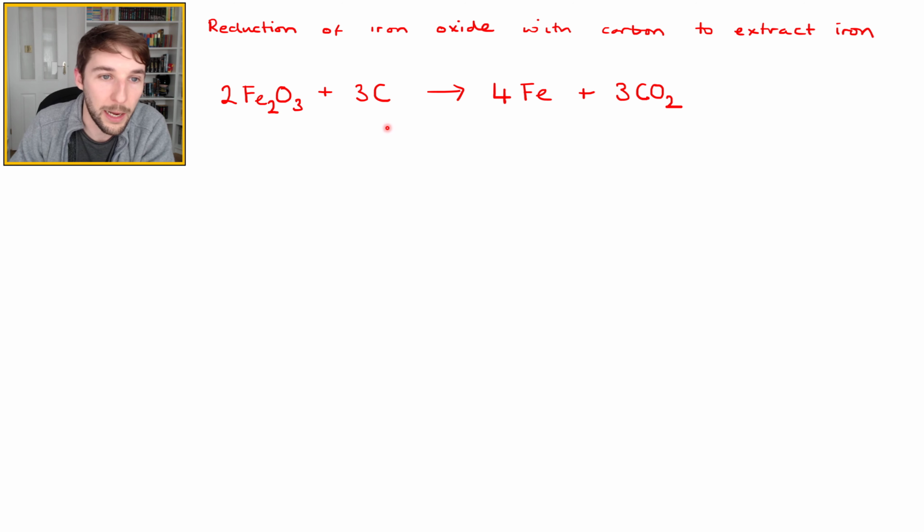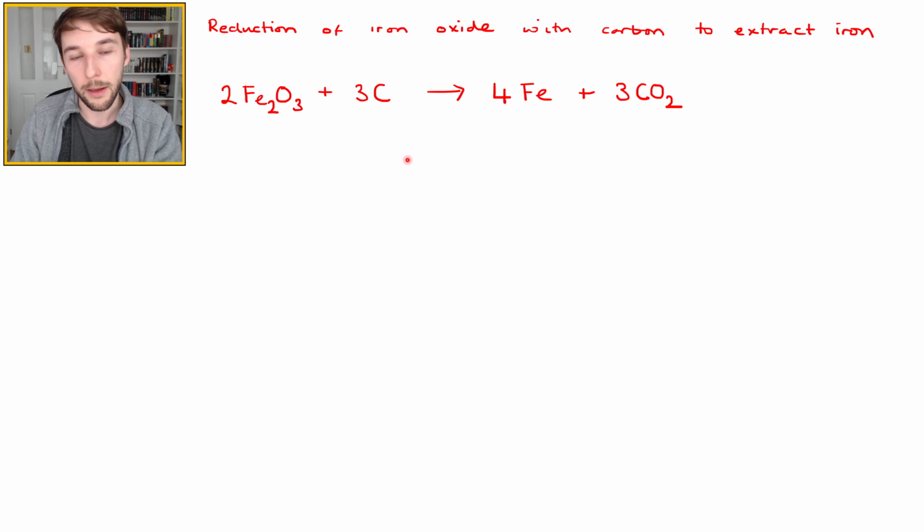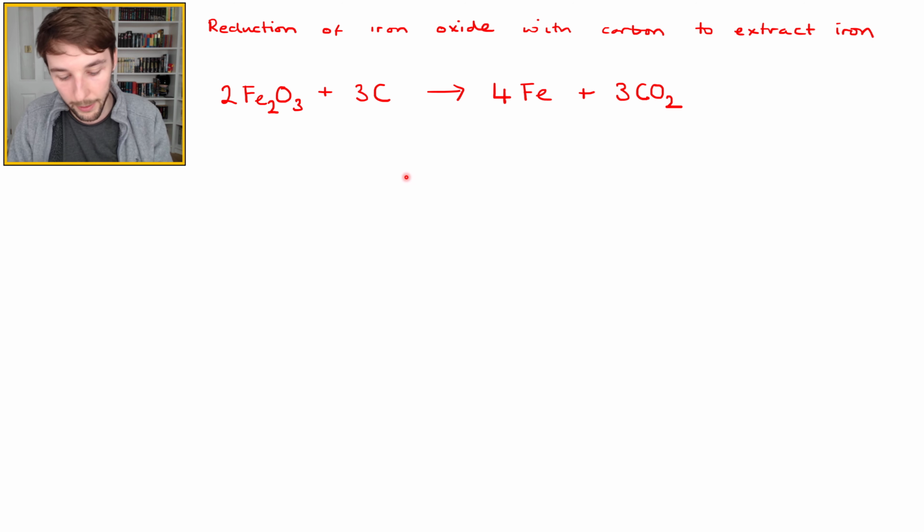Or, how much iron oxide do I need to make this much iron? And the method I'm about to teach you will enable you to answer any single one of those questions. We're going to use something called the grid method, or the column method as it's sometimes known, in order to do any calculations related to this equation.